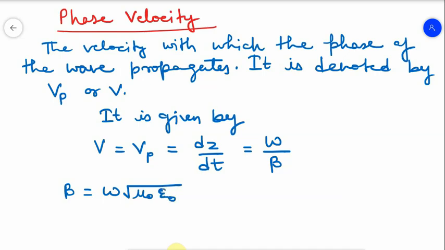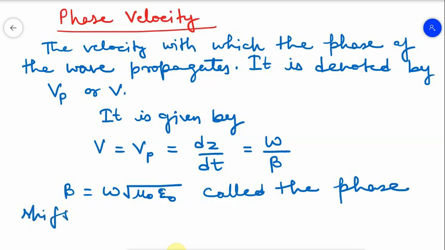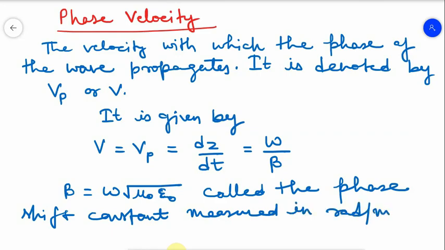This is called the phase shift constant, measured in radian per meter. These terms will come further also, and whenever it is required to define, I will define later.